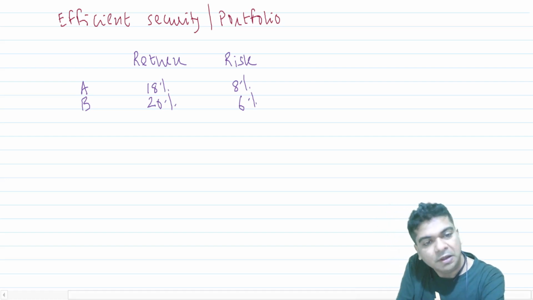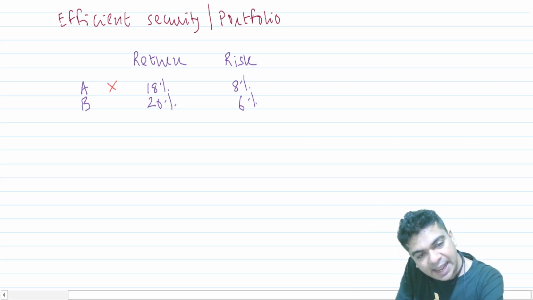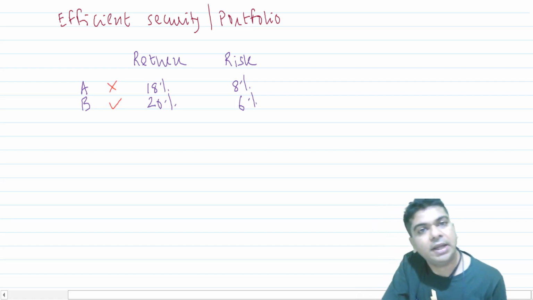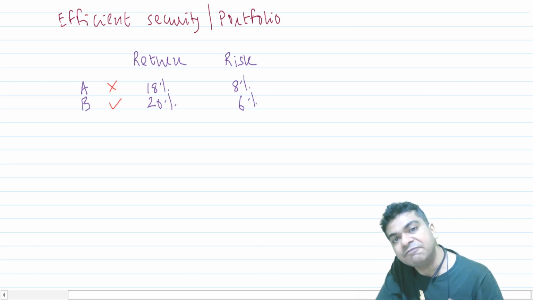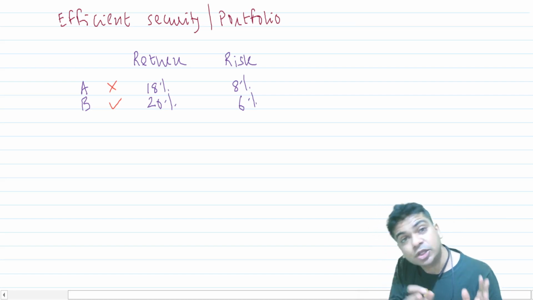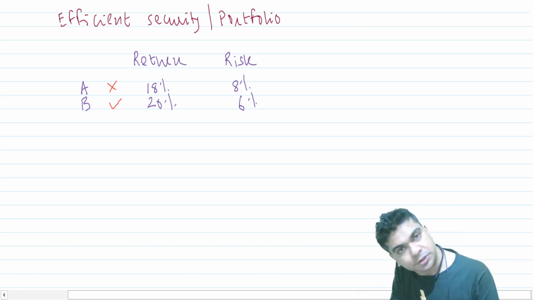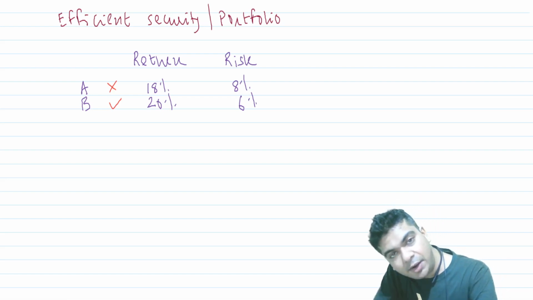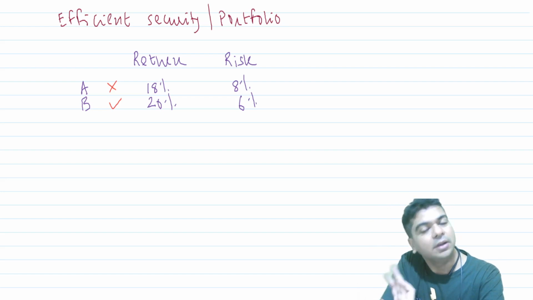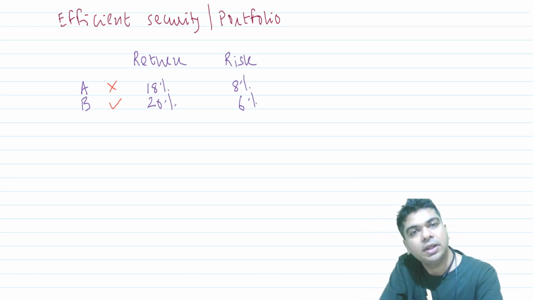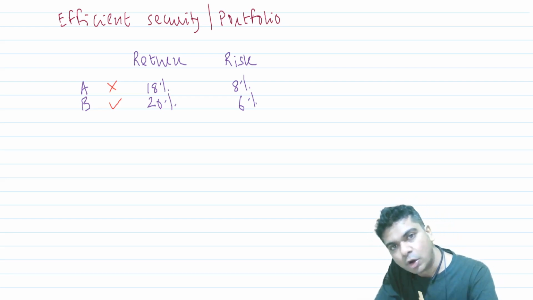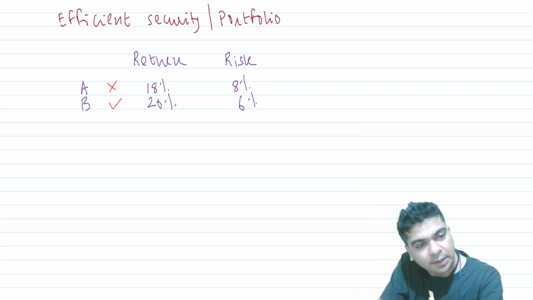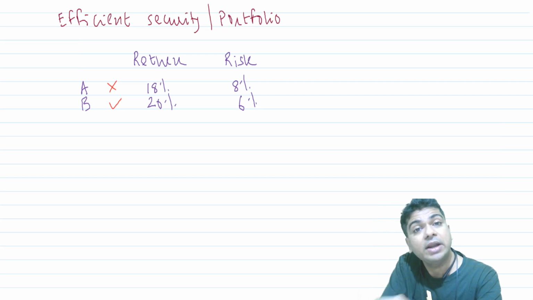Will you reject security A and select security B? Right? Security B is considered to be an efficient security. Security A is inefficient. If there is any security which is giving you a higher return at a lower risk, that means the other security is an inefficient security. As you can see, security B is giving a higher return compared to A, and that too at a lower risk.